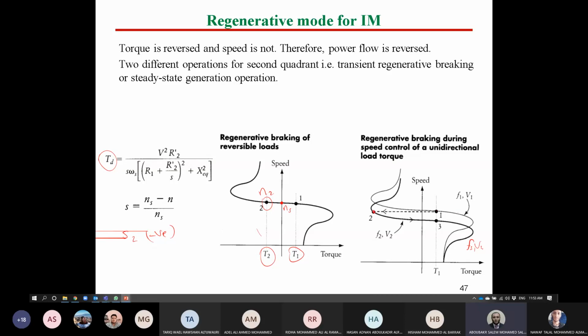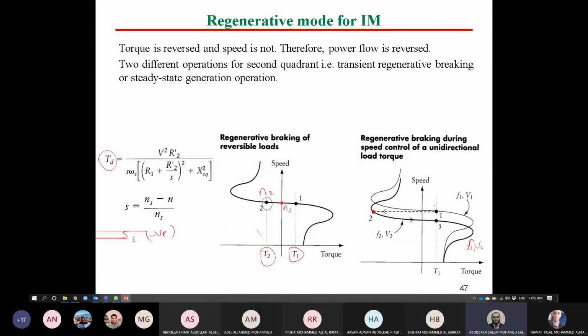At this instant, is the machine working as motor or generator? Generator. It's a generator now, because torque is negative. And then we need to control the speed to be at the same value here at point number 3. So the machine will travel on the same curve up till reaching point number 3.